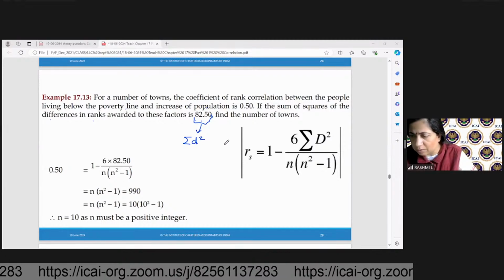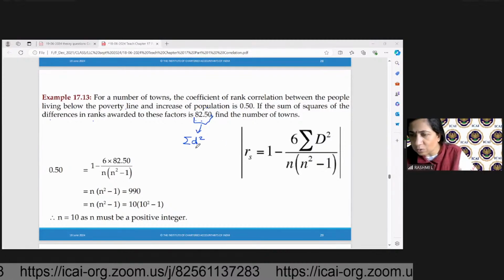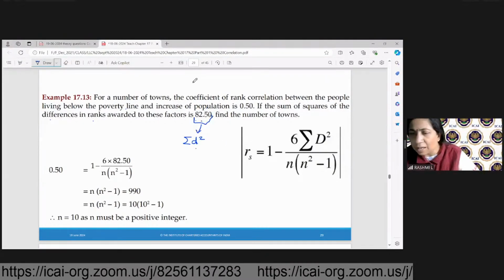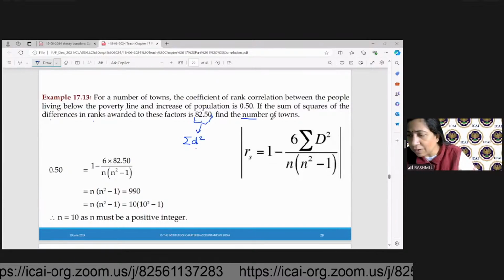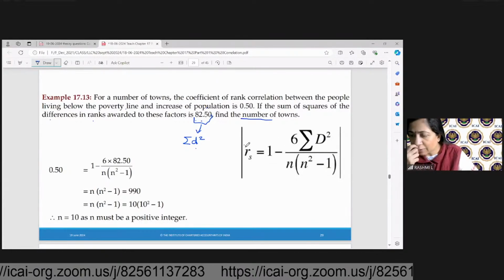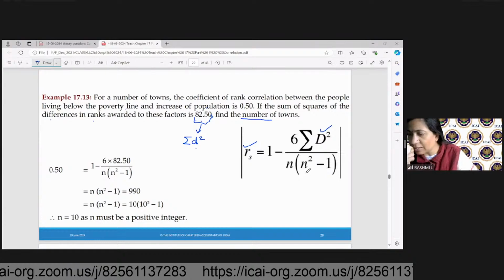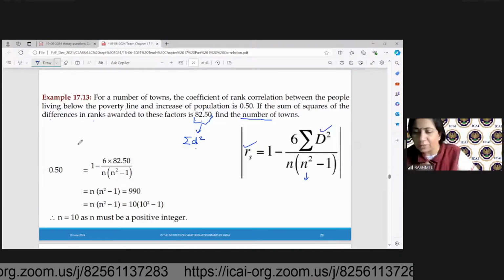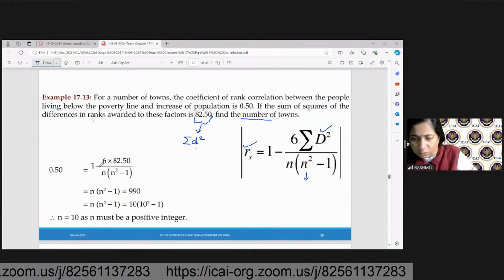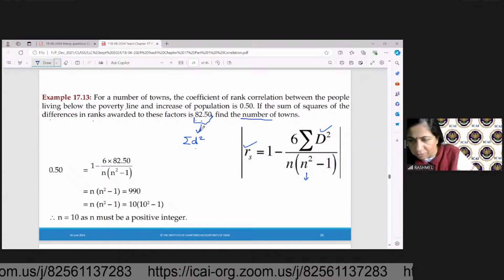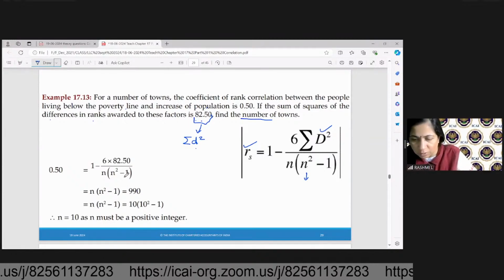Summation d square. Once I know this, what will happen? What are they asking? Find the number of towns. They have given you R, they have given you d square, and they're asking you to find N. So 0.5 is equal to 1 minus 6 into 82.5 upon N into N square minus 1.